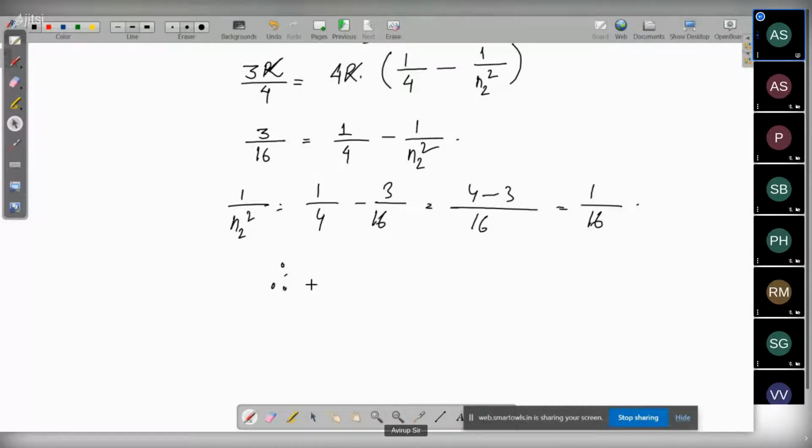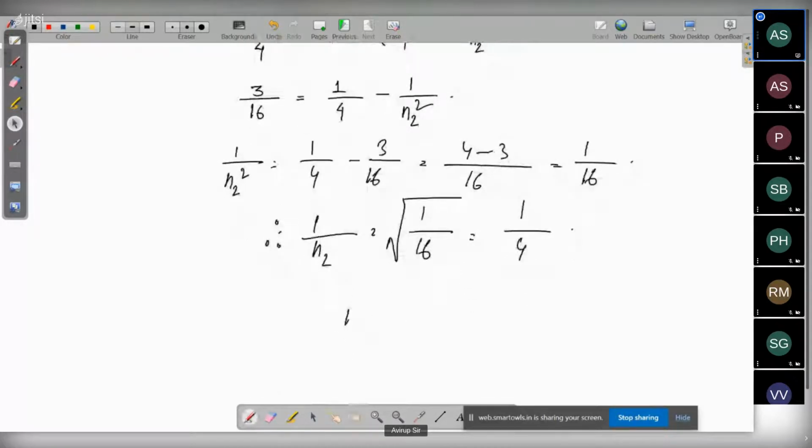Now you just take the square root. 1 by n2 is equal to root of 1 by 16, that is 1 by 4. So from here you get that n2 is equal to 4. Therefore, what is the transition? The transition is 2 to 4.